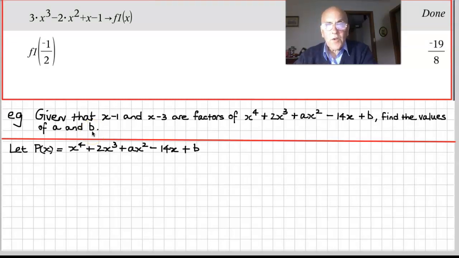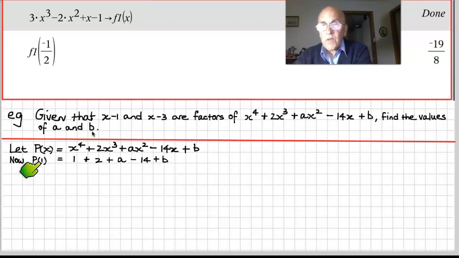We're going to substitute, first of all, x is 1 into that and equate it equal to 0 because x minus 1 is a factor with no remainder. Then we're going to substitute x is 3 into that polynomial and equate that equal to 0 because that one also has 0 remainder. And then we're going to get two equations in a and b, and we will solve them simultaneously.